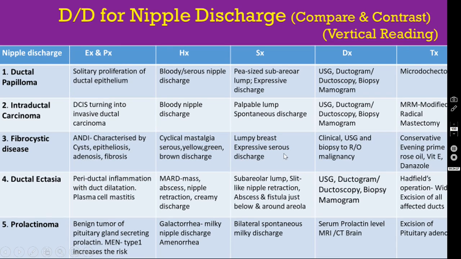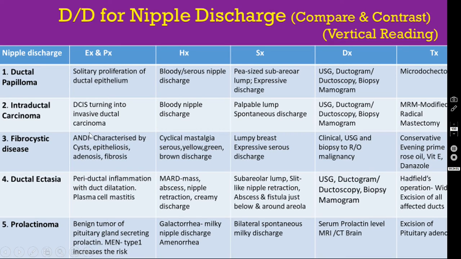It won't come automatically or spontaneously. Coming to the diagnosis, clinically you can come to a diagnosis, but always you have to do an ultrasound and you have to do a biopsy whenever you are dealing with fibroadenosis or fibrocystic disease, to rule out malignancy.